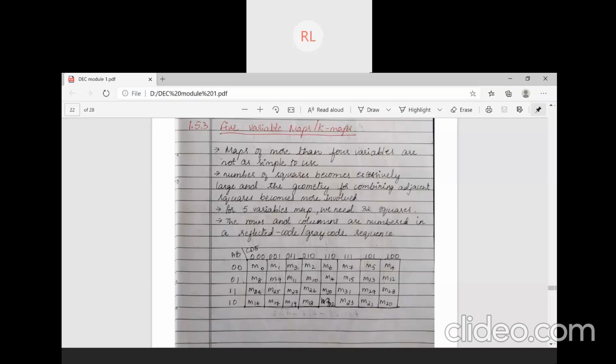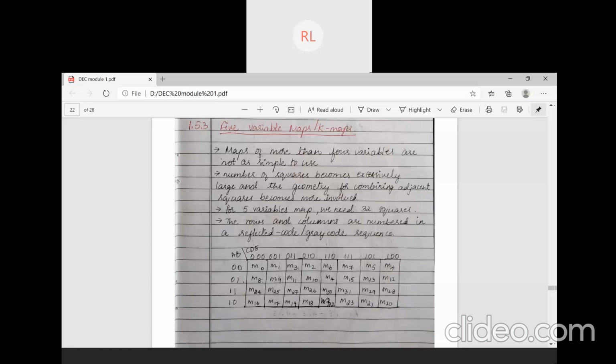So 0, 1, 2, 3, and again here you get 4, 5, 6, 7. It's like how you fold the sheet, fold the page here. At this line we should fold, and then you will get to know. Then 8, 9, 10, 11, then 12, 13, 14, 15.